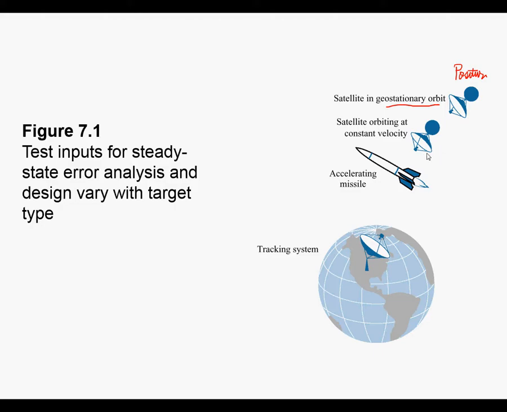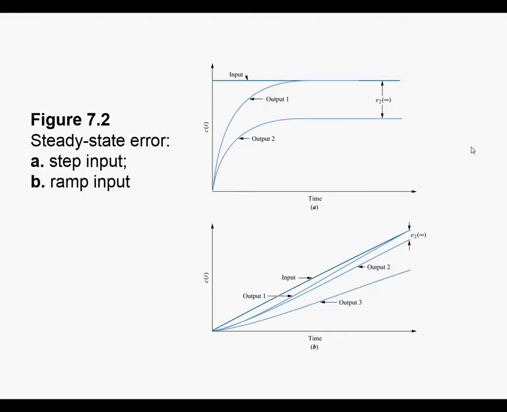This one, for example, would be a velocity test. If we want to do the velocity, or if you have an application like a missile, for example, this would be the acceleration. So depending on the application that we have, we could use different test signals.